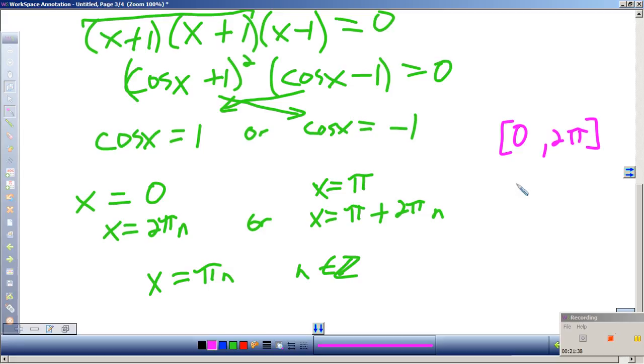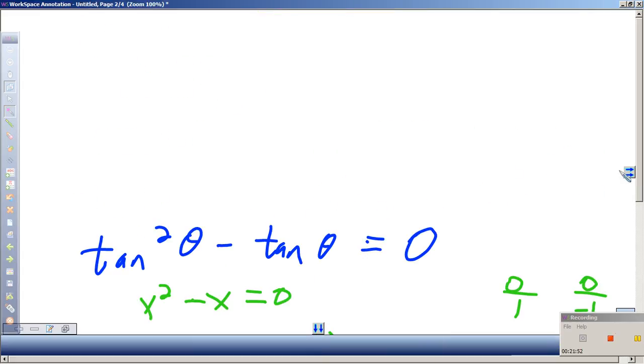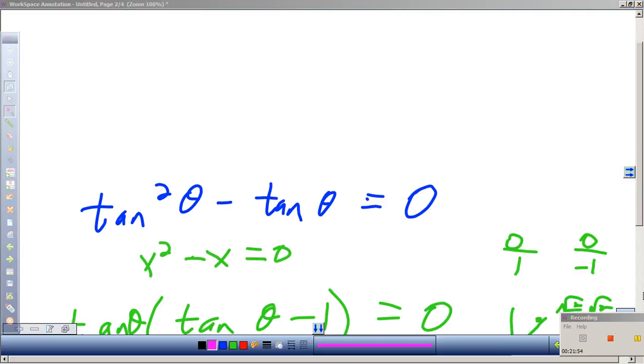Okay, so it would be pi, the other, 0, 2 pi. Does that make sense? Okay. How about this one? Answers in the 0 to 2 pi range.